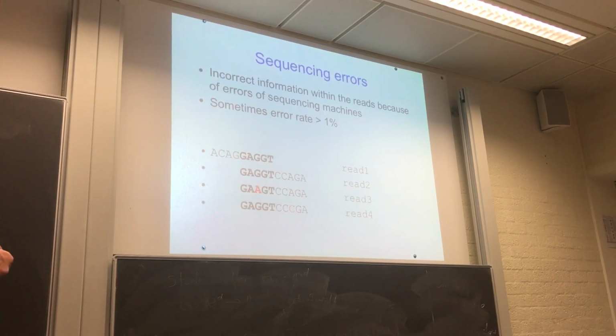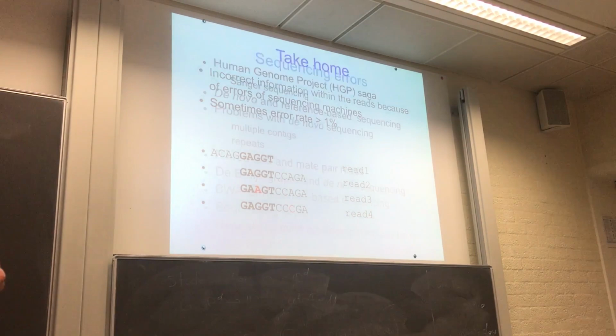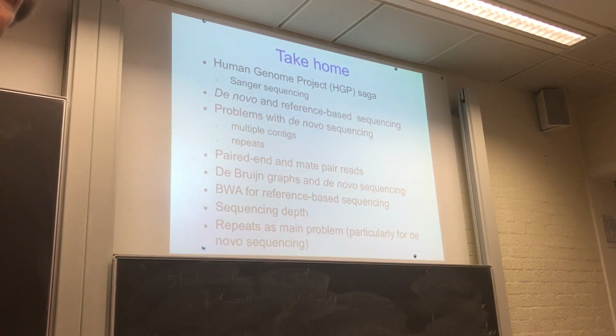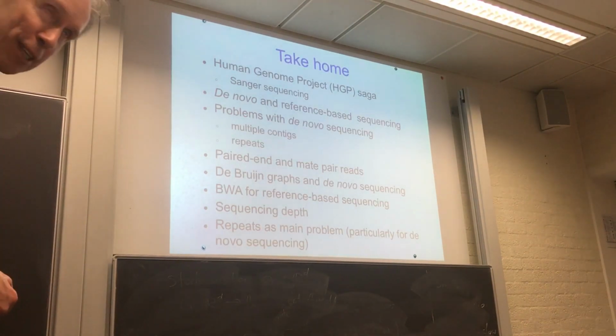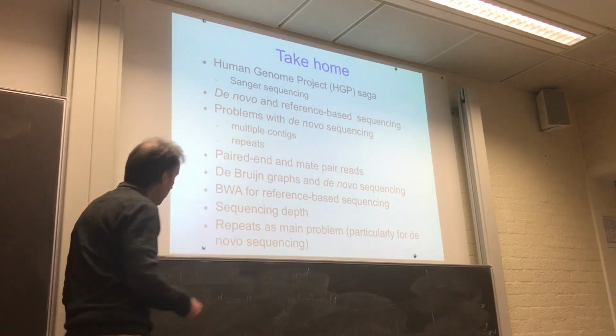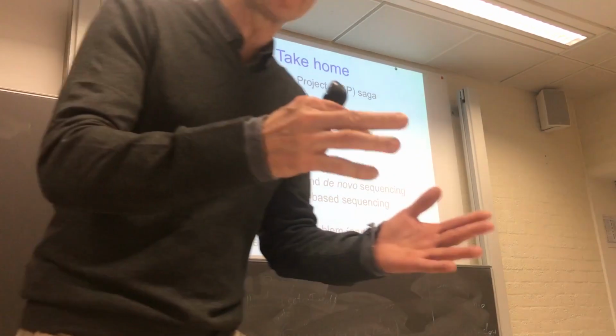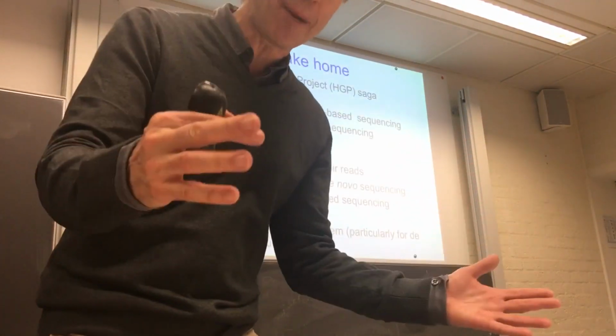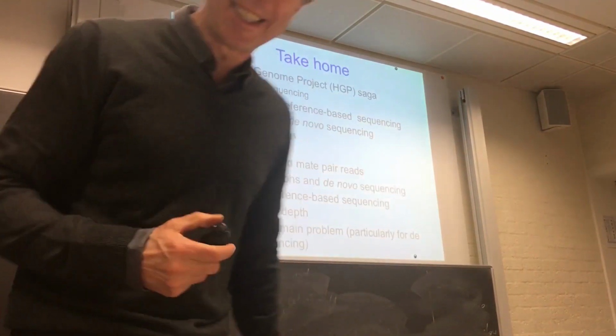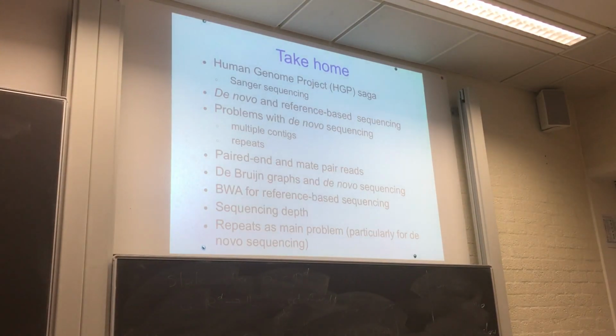Here you got to know, is this a sequencing error or a biological variation, right? And this is take home. This is what I try to quickly run past you. Okay, so you'll work with the BWA algorithm. You can run it even without understanding each and every step. The computer knows what to do, hopefully. But I try to give you some feeling and insight.